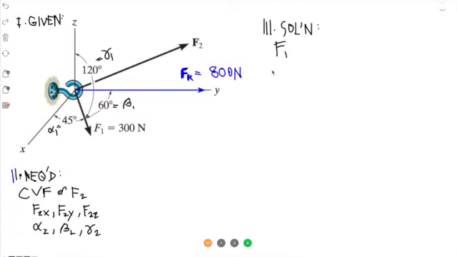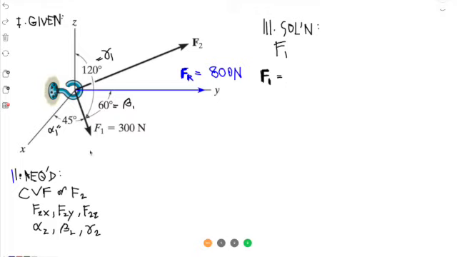So F1, let's write it down here, F1 as a vector. This is its Cartesian vector form.